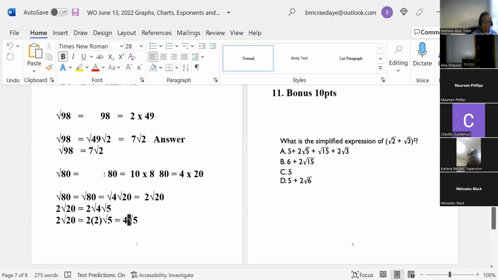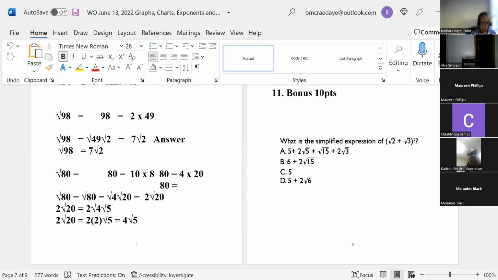Now, 80, what other factors could you have had for 80? Go back up here. We did it in 2 steps here, but had you chosen 80, and that's okay, you get the same answer. What are the other 2 factors you could have chosen here? 4 and 5?